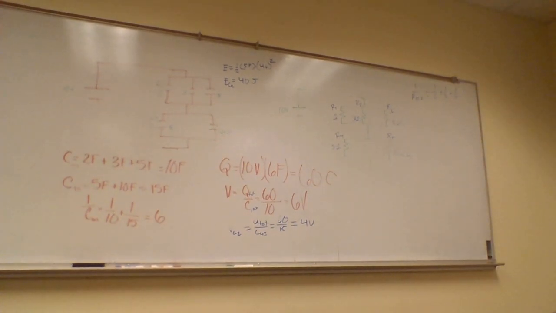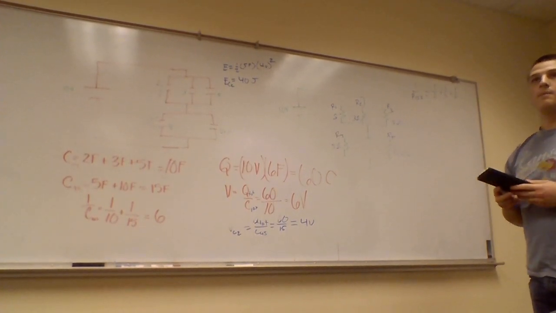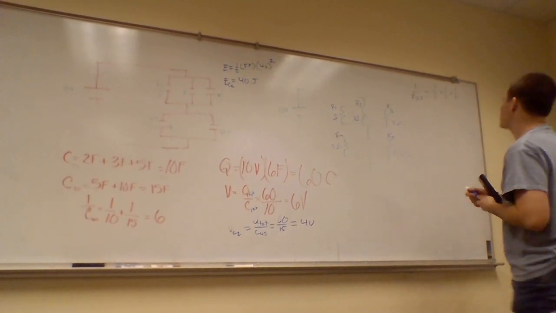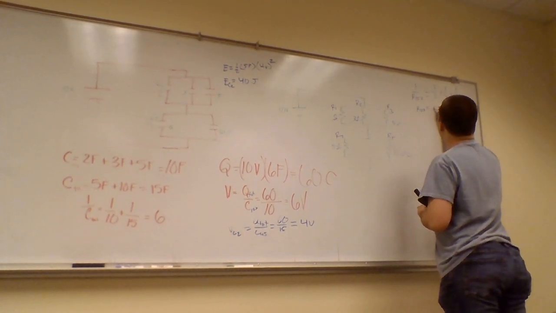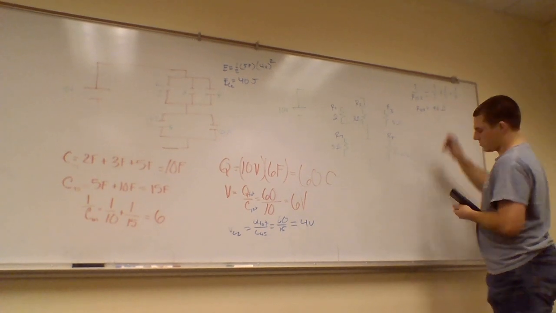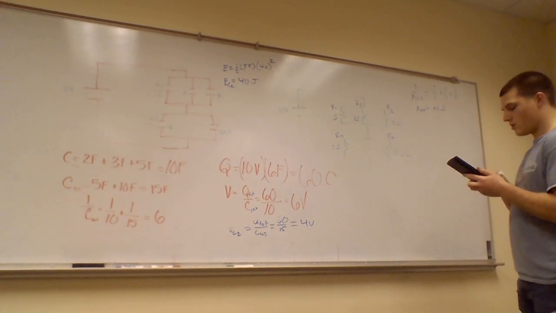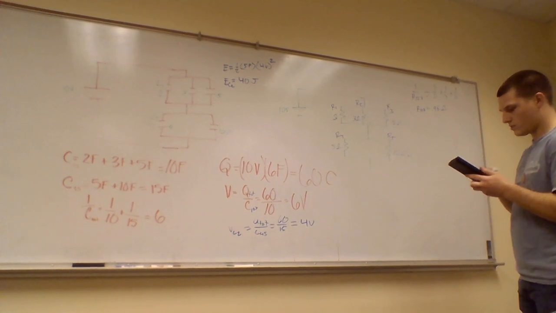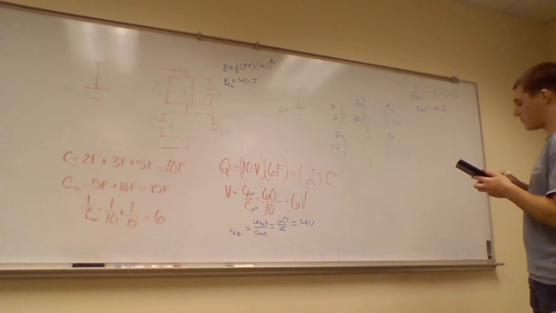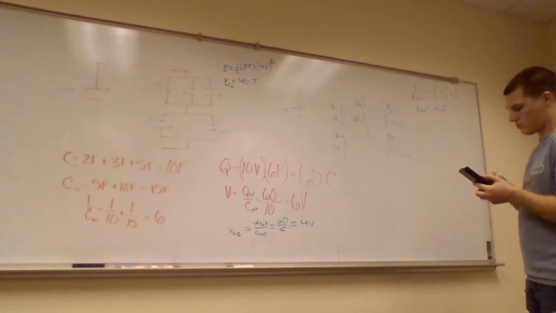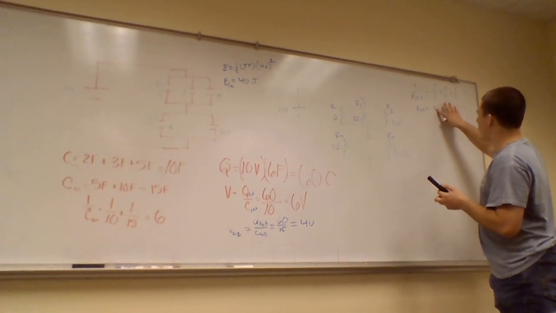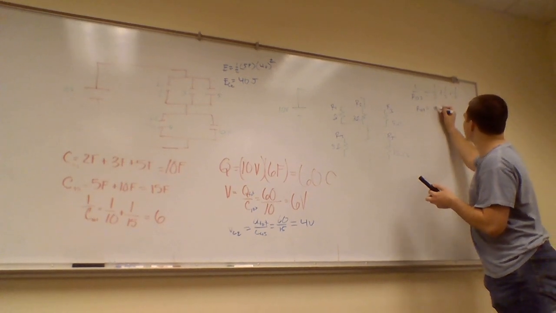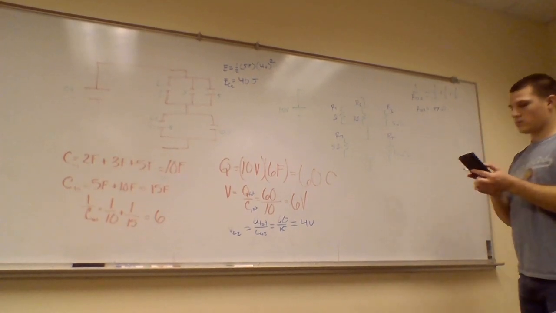It's 0.96, rounding to 0.97, since it's 0.967. So 0.97 ohms is fine to use.